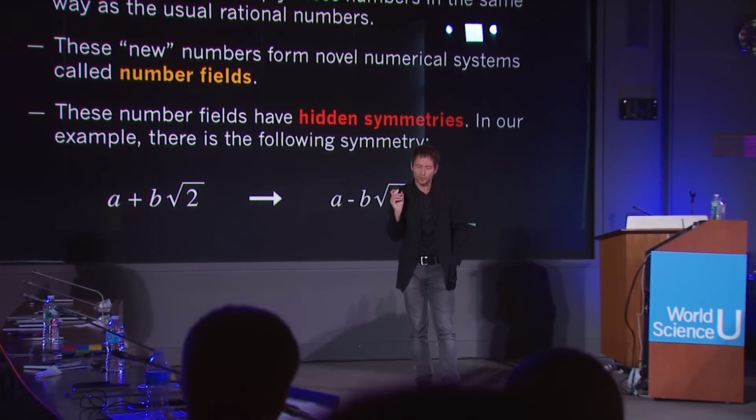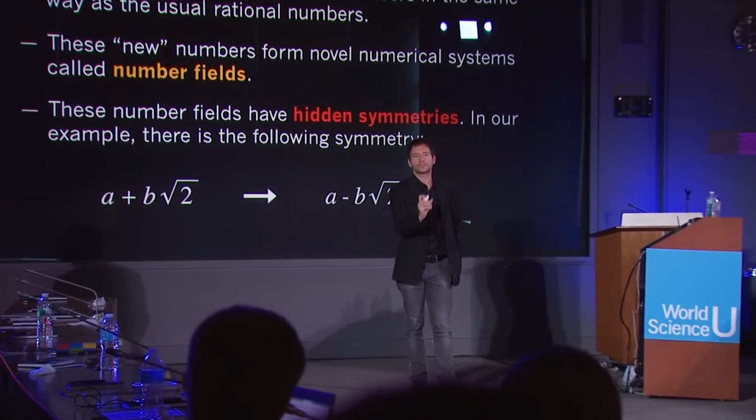The reason is that the square root of 2 and minus the square root of 2 solve the same equation, because each of them squared gives us 2. This is a very important point, because if you take minus something and you square it, the minus is gone. So you have an equation, x squared equals 2.